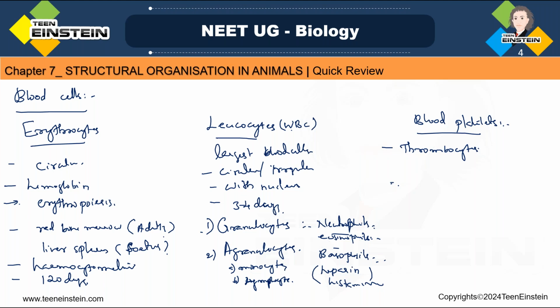So the formation of thrombocytes or blood platelets is called thrombopoiesis. And the lifespan of these blood platelets is about 1 week. Clear?